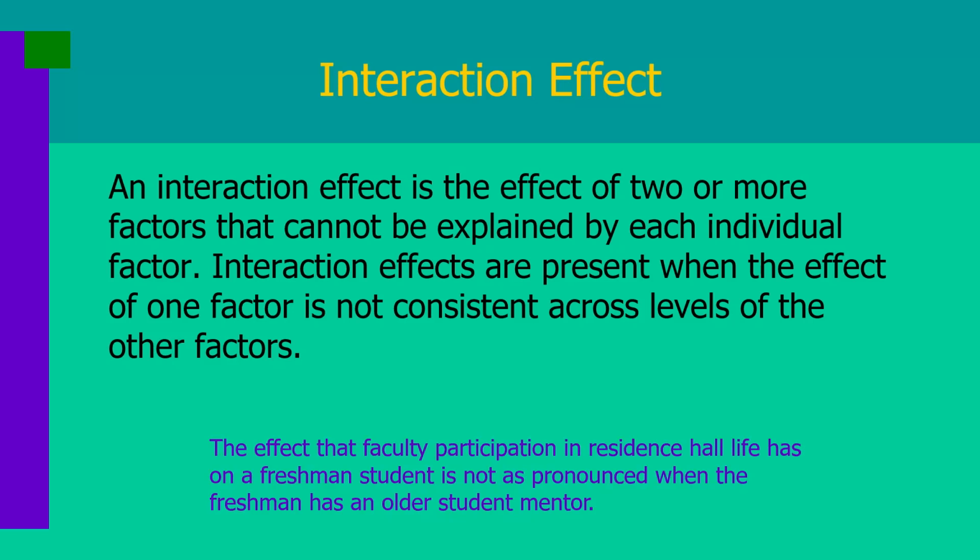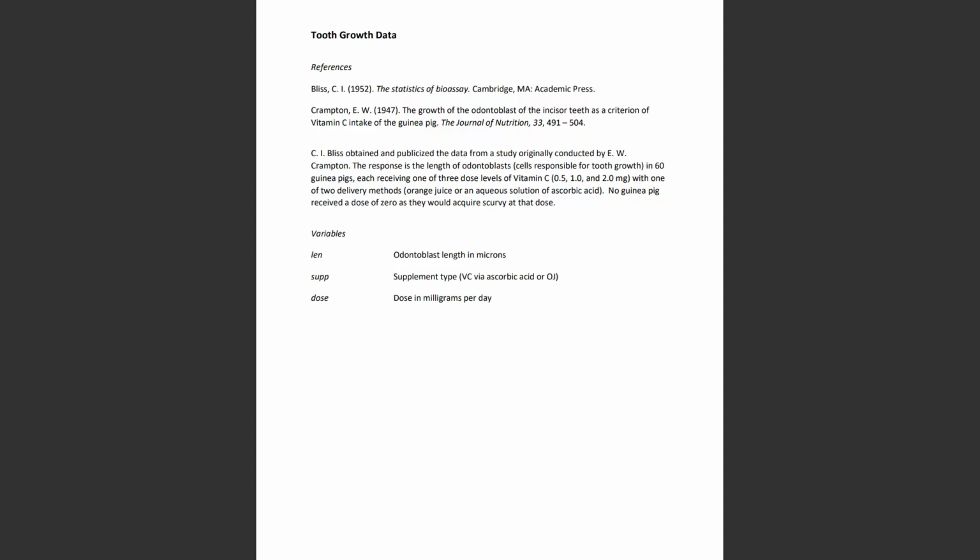Let's take a look at another example that I'm going to use as a running example throughout this series, and we're going to use it to actually see how to do the analysis. These are the tooth growth data. C.I. Bliss obtained and publicized the data from a study originally conducted by E.W. Crampton.